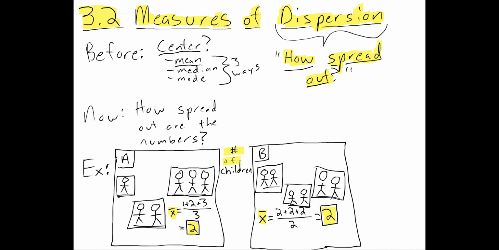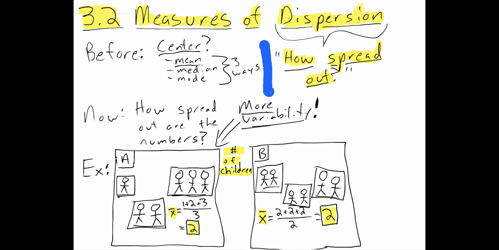If we're thinking about the variable number of children, then we could describe sample A as having more variability than sample B. So we would like a way to describe this idea of variability. We want a whole other type of number, a number that tells us how spread out these variables are.